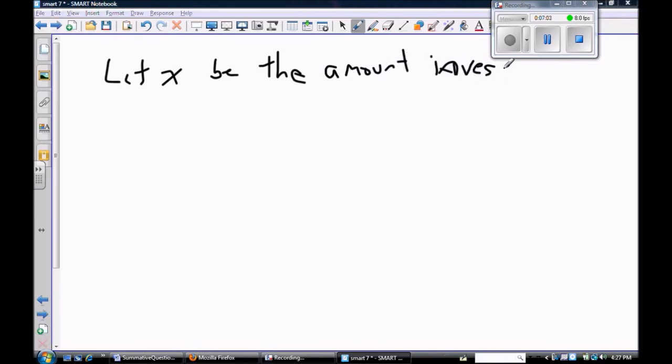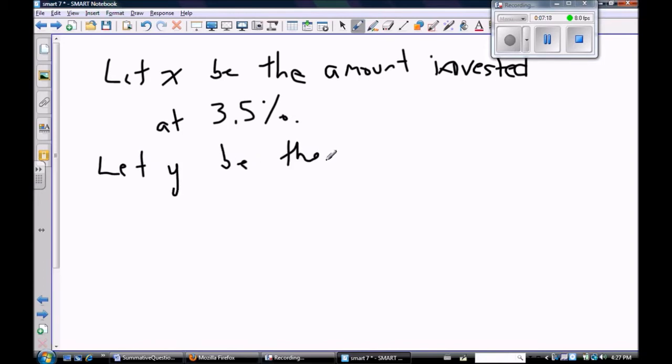This is going to be messy. Invested at 3.5%. And let y be the amount invested at 4%.